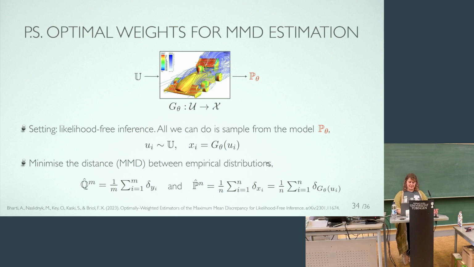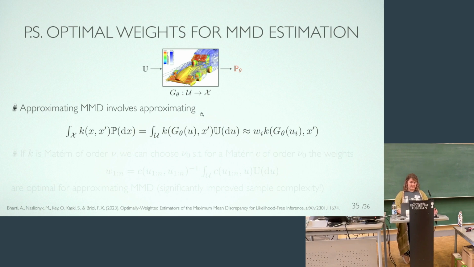So minimize the distance between empirical distributions that I get from samples, where Q hat is gotten from samples that I got by definition of the problem. That's the true data, and P hat n is an approximation of the true P theta using the samples that I get through this running through simulator procedure.